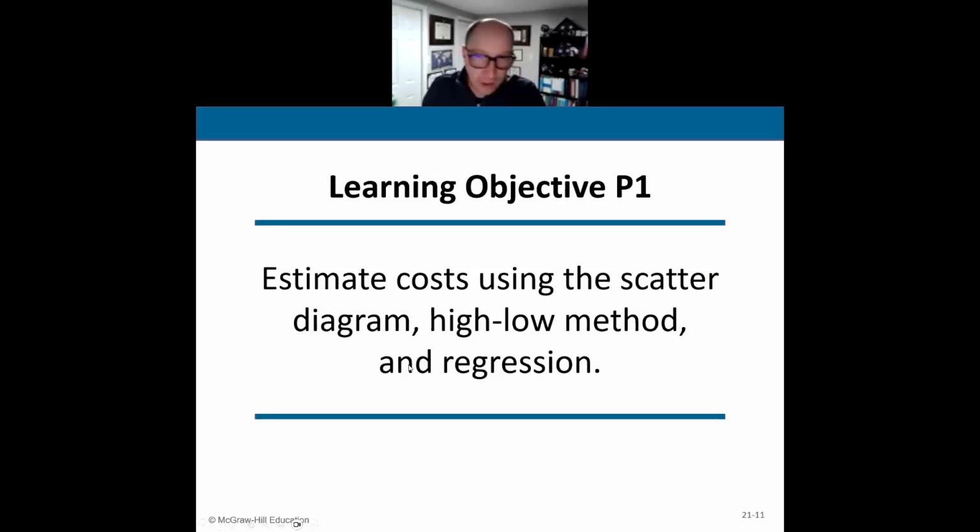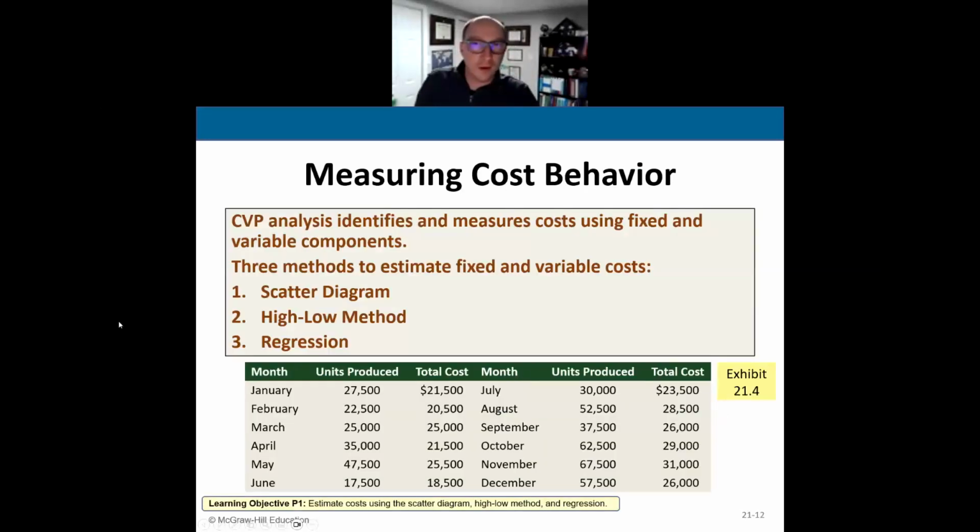Regression analysis, that one's scary. Don't worry, we're not going to do that one in this class. I'm just going to tell you about it. So those are the three types of methods we roll through: scatter diagram, high-low method, regression analysis. These are all statistical methods and models to help show us financial data using costs and number of units in a meaningful way. Right?